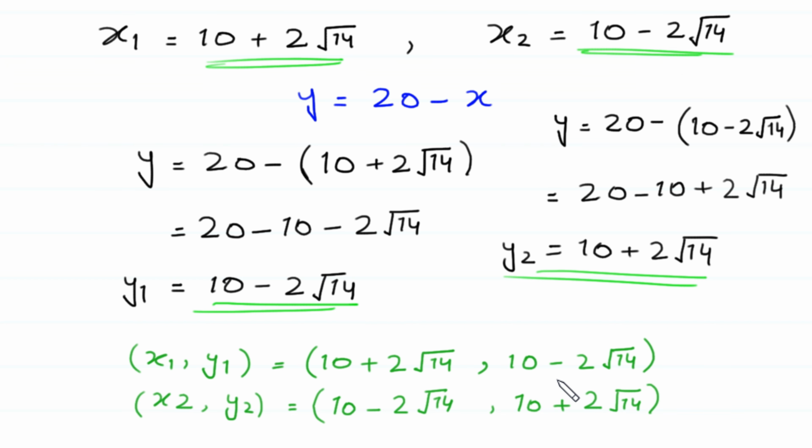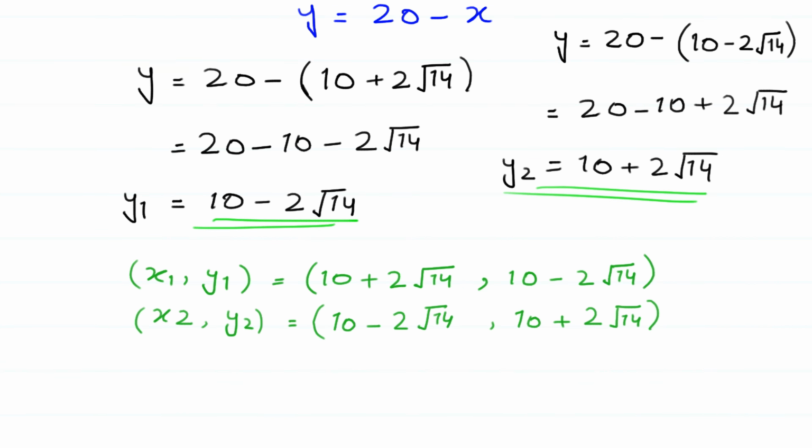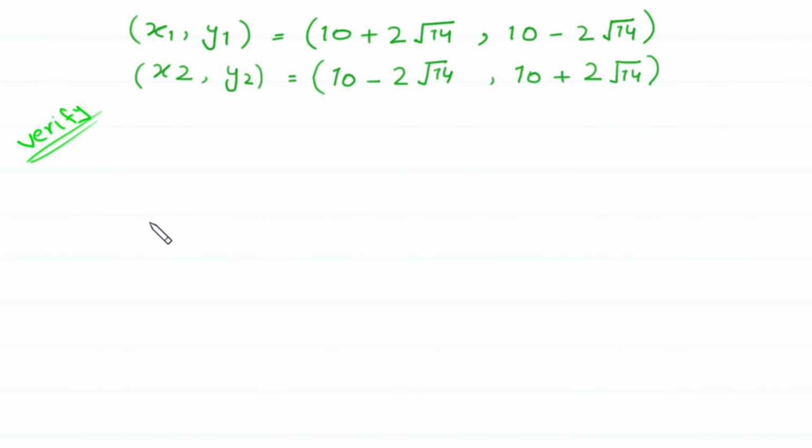Now to verify these values of x and y, we put these values in the original equations. The original equations are x plus y is equal to 20 and xy is equal to 44. First we put the values of x and y in this equation.